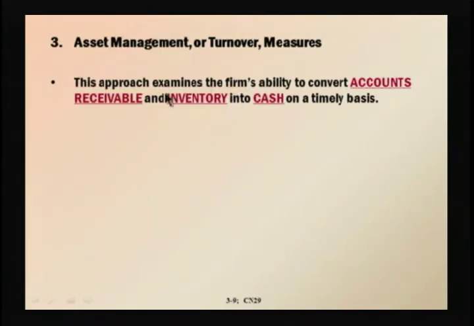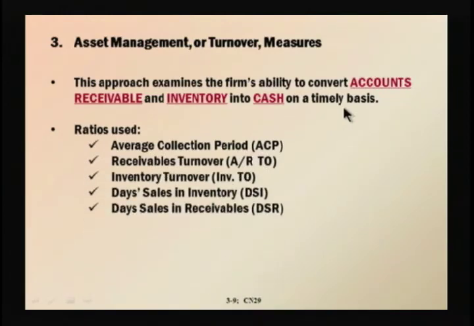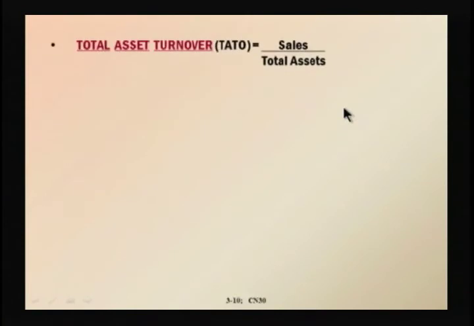Or our inventory stockpile, so converting either receivables or inventory into cash on a timely basis. There are several ratios used to see if the firm is able to do that, and some of them are just inversely related to one another. So we're trying to see how well the firm is converting receivables and inventory into cash.